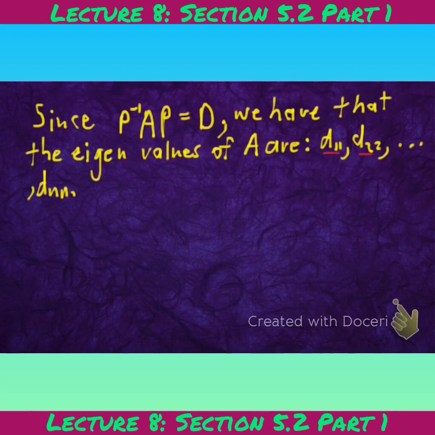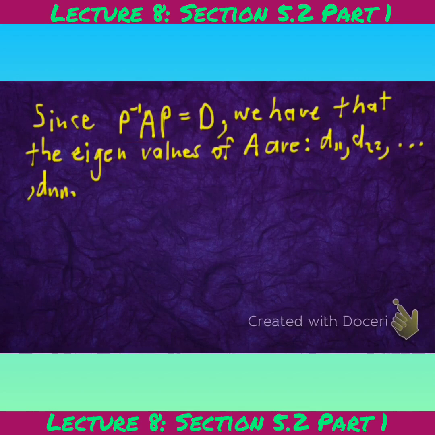Now why is that? Because remember we said this is a similarity transformation, and we talked about invariance under similarity transformations. So in other words, the eigenvalues of the matrix A are going to be the same as the eigenvalues of the matrix P inverse AP. Remember we said that because those two things have the same characteristic polynomial.